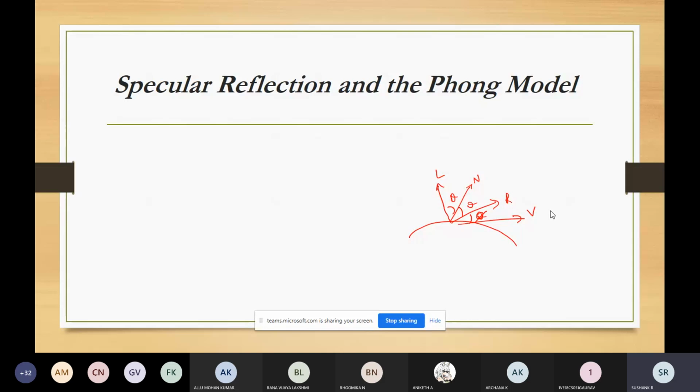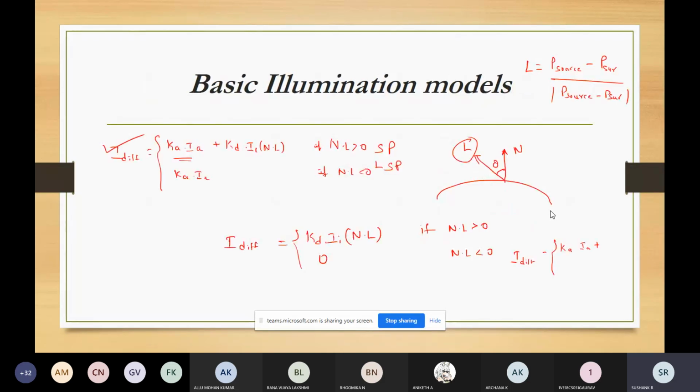So this is just an introduction to this specular reflection model. In the next class, we'll talk about how this model works. In the previous example, we calculated I diffuse.